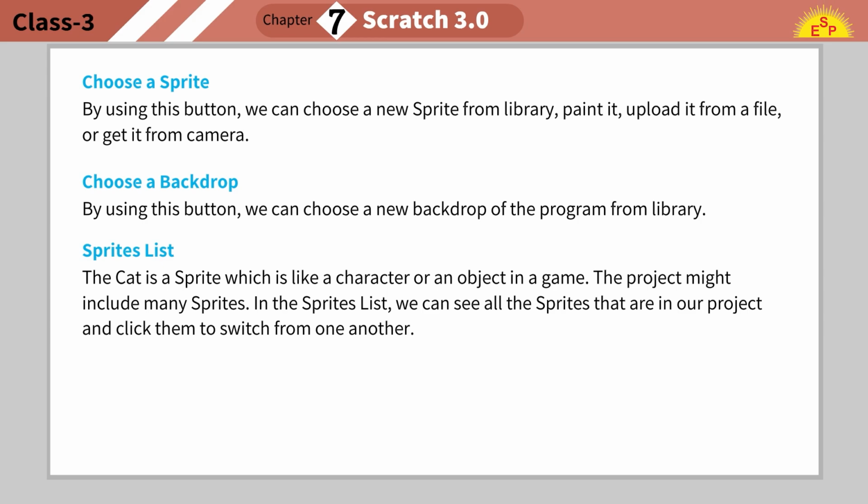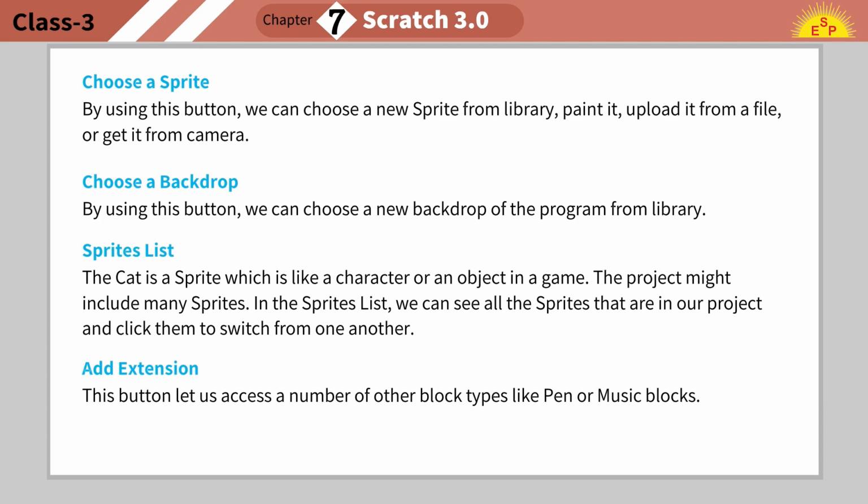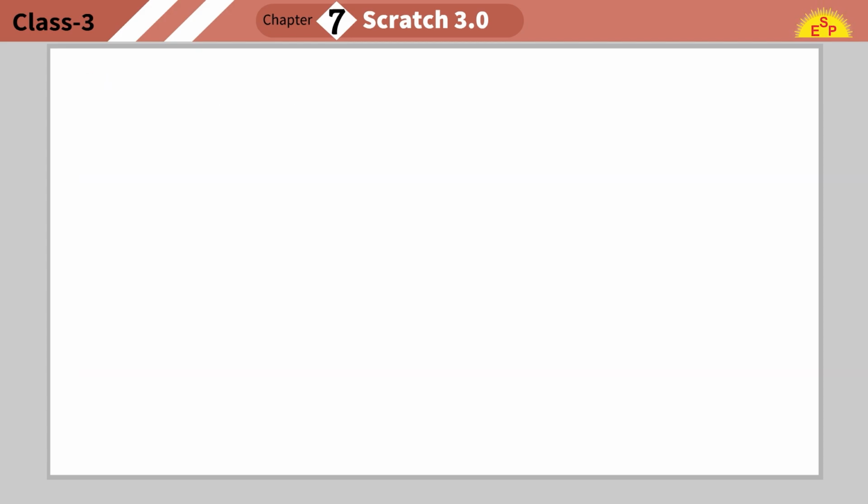The cat is a sprite which is like a character or an object in a game. The project might include many sprites. In the sprites list, we can see all the sprites that are in a project and click them to switch from one another. Add extension. This button lets us access a number of other block types like pen or music blocks.